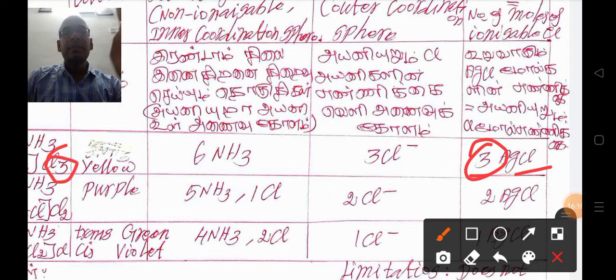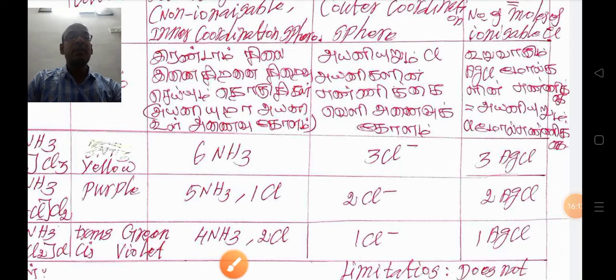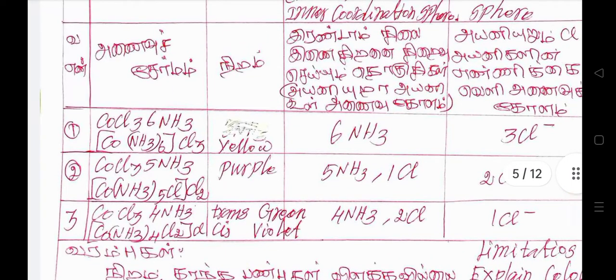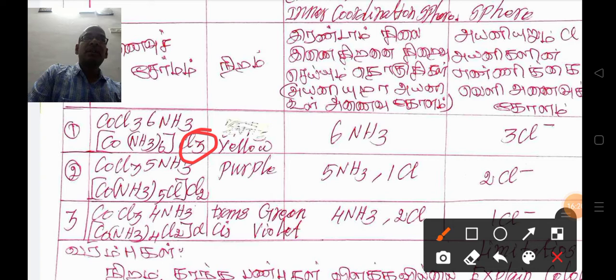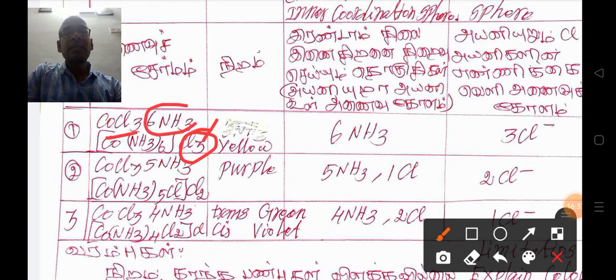From that we can write down the structural formula of the coordination complex. 3 Cl's in the outer sphere, that is 3 Cl ions are outside of the sphere. In this formula, 3 Cl outside, remaining 6 ligands inside of the sphere. The color of the complex is yellow.